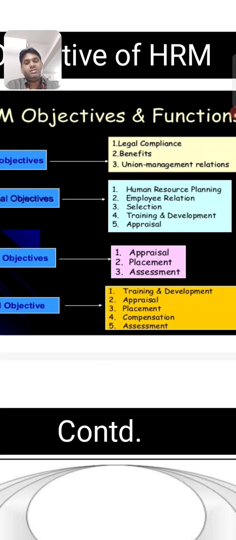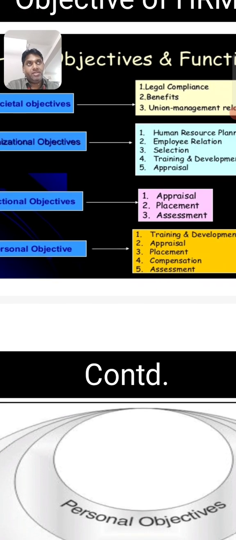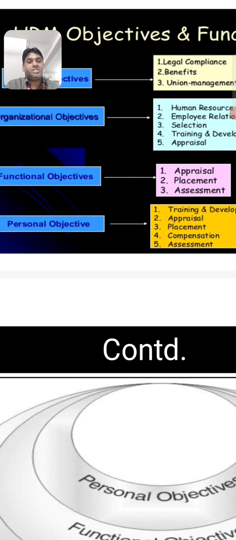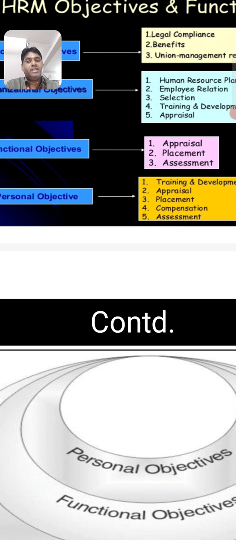Based on this, components like promotion and incentives are their daily bread and show their development. Such objectives are very important to analyze and to give a proper standard from the employee's perspective. This functional objective plays a vital role, and then ultimately there is the personal objective.